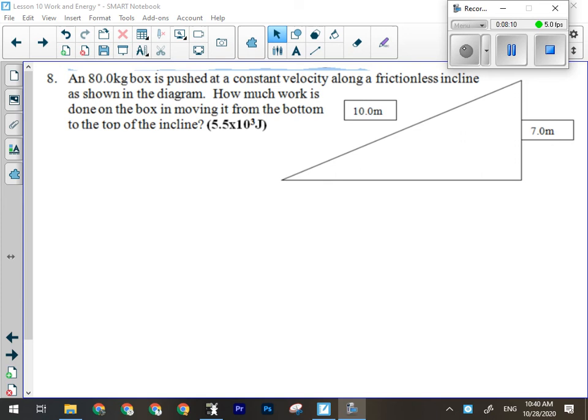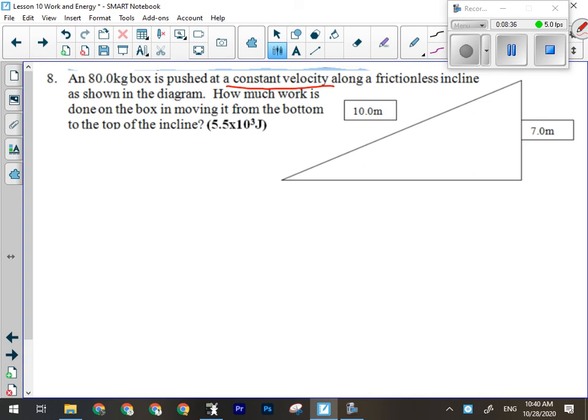All right, so when starting this problem, how many people went about this finding F parallel and looking at the length of the ramp? How many people ended up doing it using just the work energy theorem? Okay, so if we solve this just using the work energy theorem, the key point here is that it's pushed at a constant velocity. There's no change in what kind of energy?